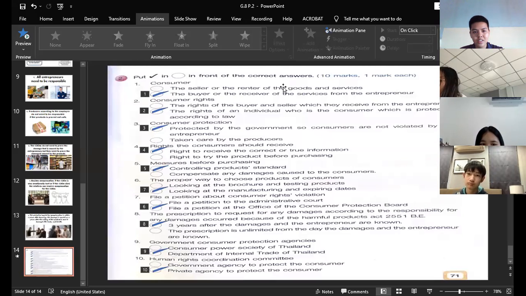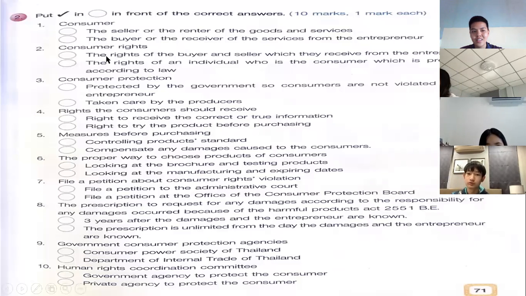For consumer, is it the seller or the renter of goods and services, or the buyer or the one that receives services from entrepreneurs? So the answer here is the second circle, because consumers are the buyer or the receivers of services, not the seller or the renter. Okay? Understand?